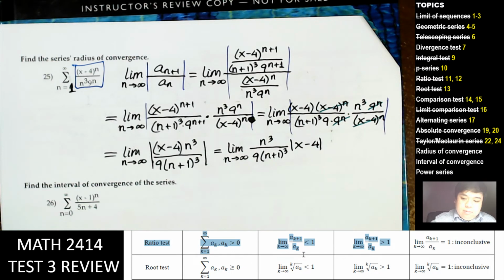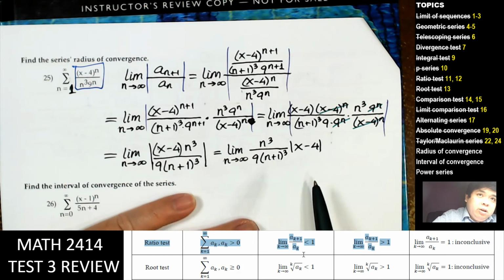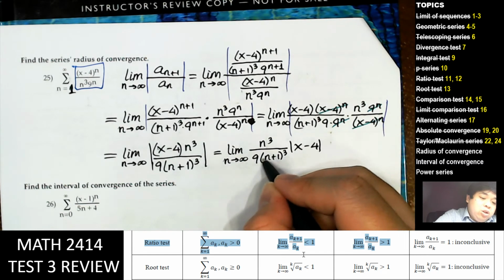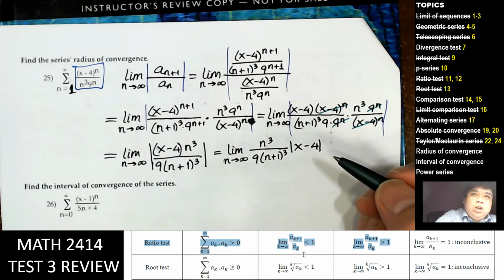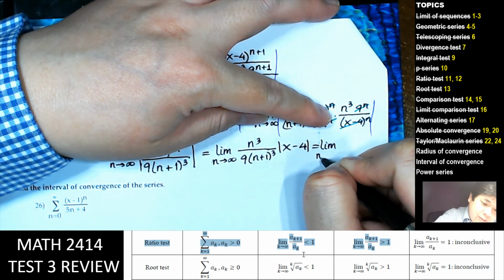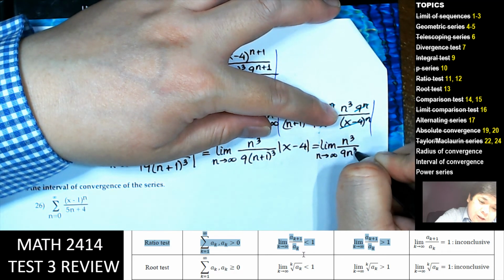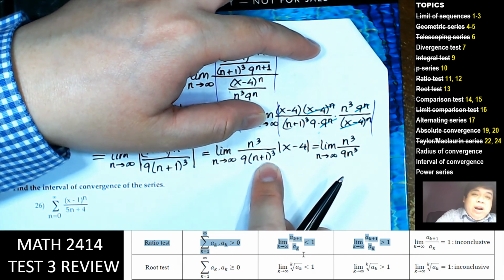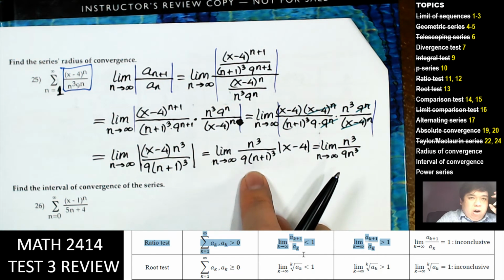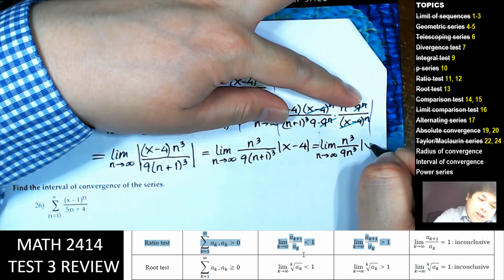Now, next we find the limit as n goes to infinity. Again, in this one, the n has the higher power than 1, so we just have the n cubed, so n cubed over n cubed. Because in n plus 1, when n goes to infinity, n is a lot bigger than 1, so the 1 is just thrown away and we just have 9n cubed and x minus 4.